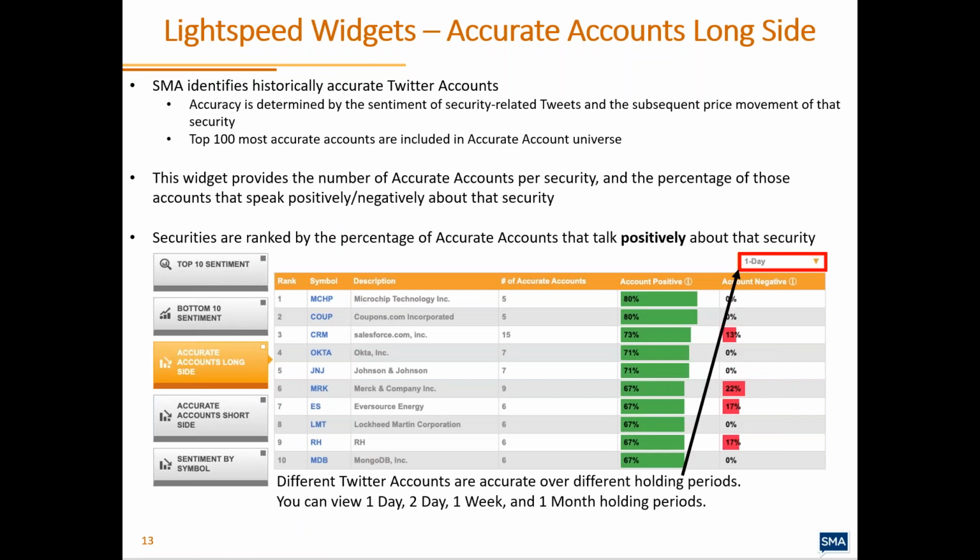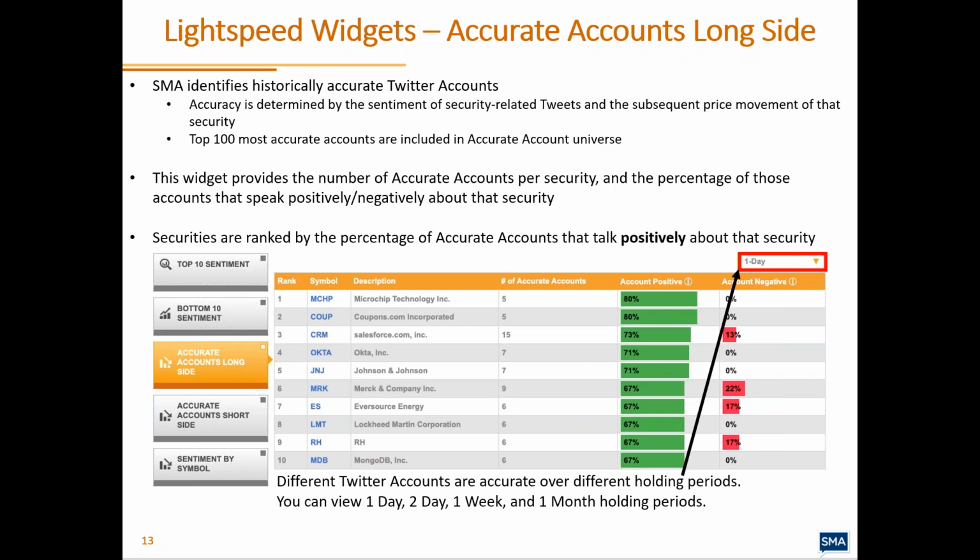All right. These are my favorite widgets. I think they're all good, but these are some of my favorites. This one looks at only the accounts that have been proven to be most accurate over the last year for these particular securities. If they're tweeting about those securities, what is the overall view of those accurate accounts?